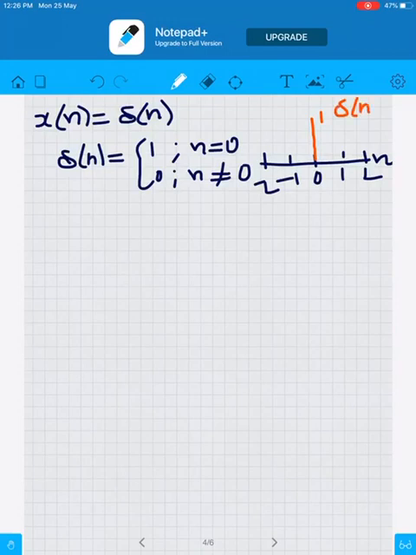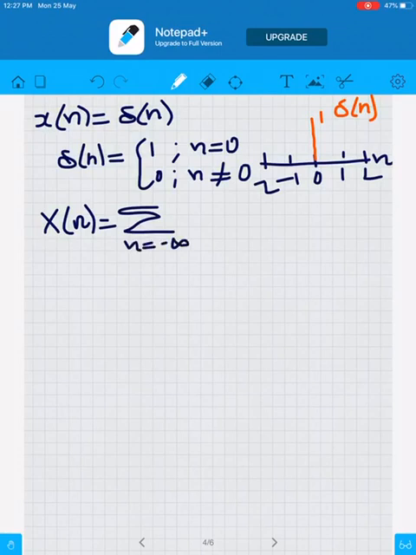So we are trying to obtain the discrete time Fourier transform of this particular signal. Step 1, we will write the formula. So x of omega is given by summation n is equal to minus infinity to plus infinity x of n into e power minus j omega n.